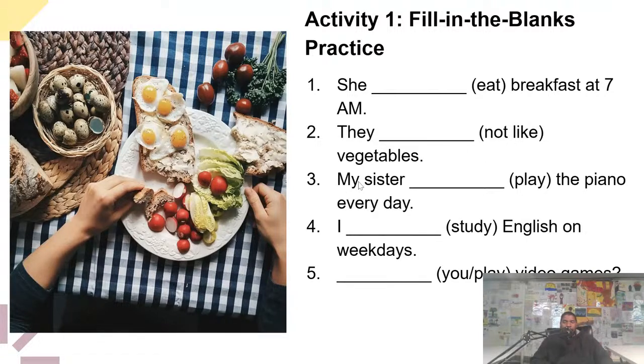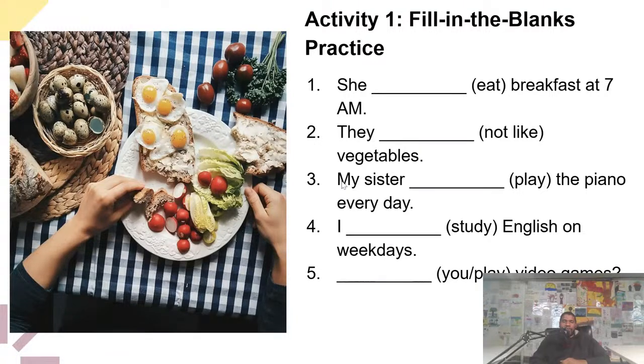Number 3, my sister blank the piano every day. My sister blank the piano every day. The verb here is play. We have my sister being the subject. Whenever you see this, you can always go back and figure out, who is my sister?